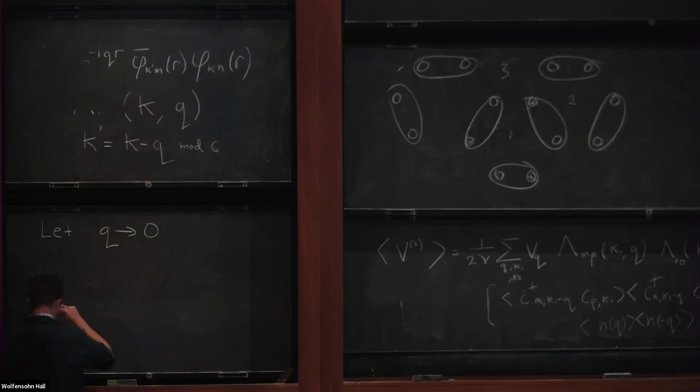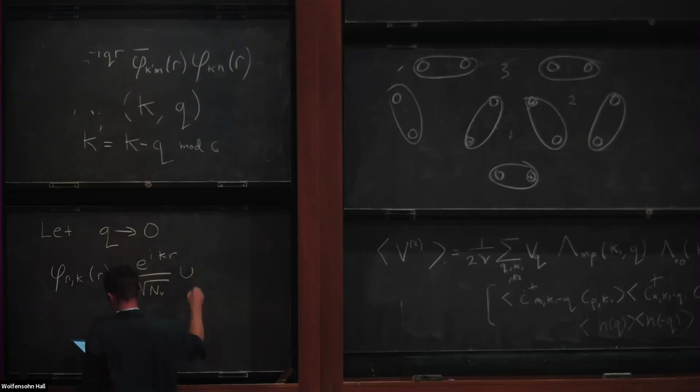So what I'm going to do, in the evaluation of the form factor, is pass to the Bloch basis. The actual wave functions phi_nk(r) can be related to the Bloch wave functions as e^{ik·r} over square root of the number of unit cells times u_nk(r).